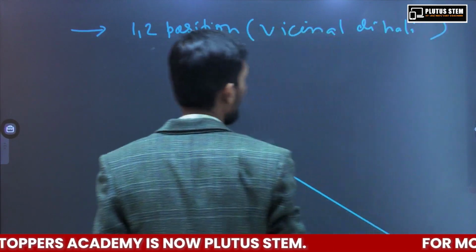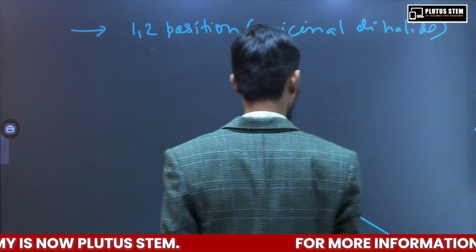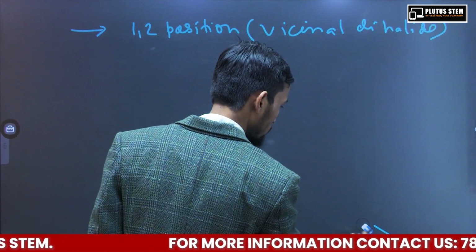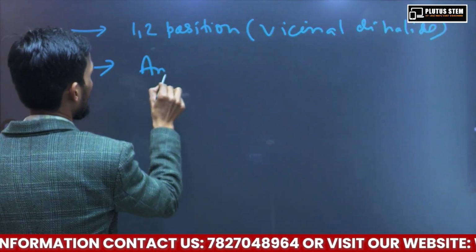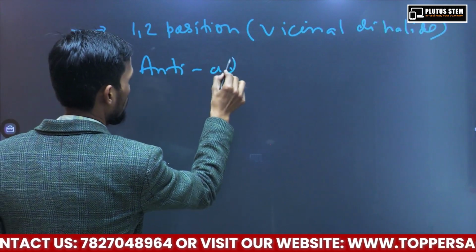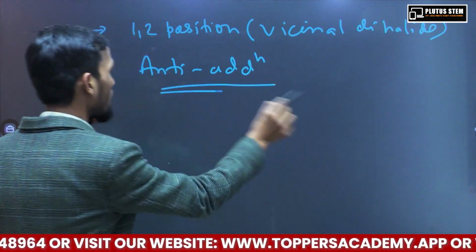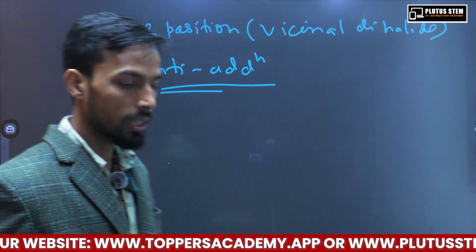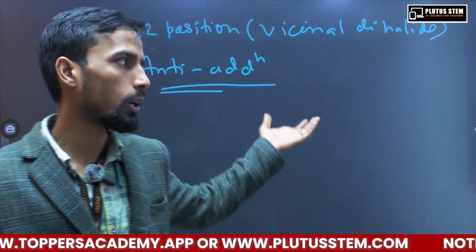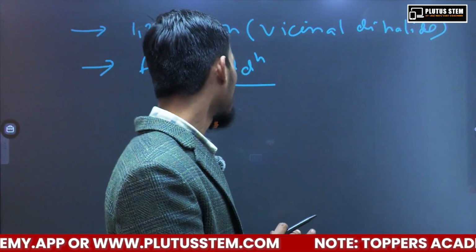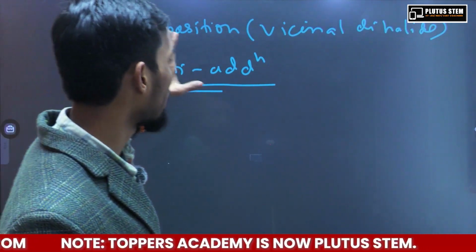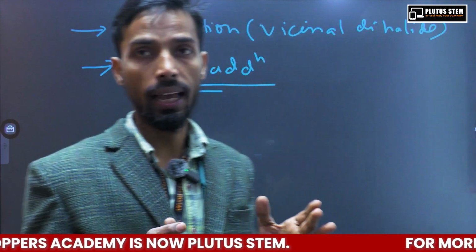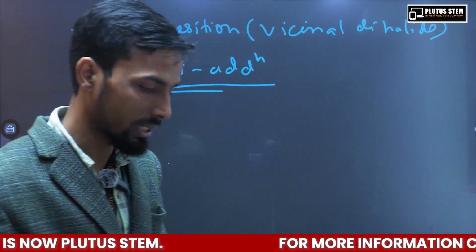Another key point is anti-addition. In the same way, we can take part for Br2 and Cl2, etc. So this was the reaction of addition of alkene with the halogens Cl2, Br2, I2, etc.